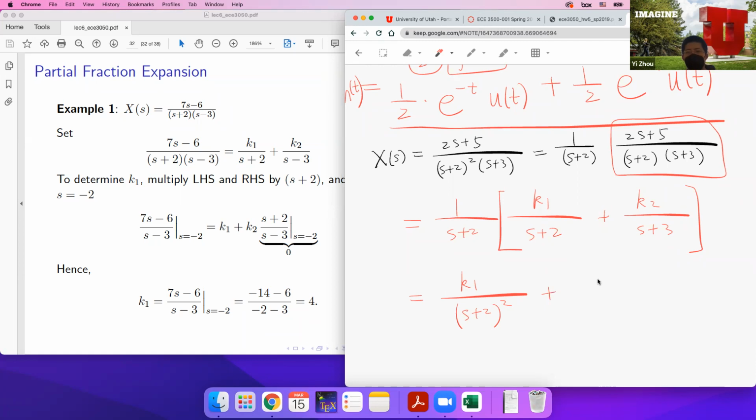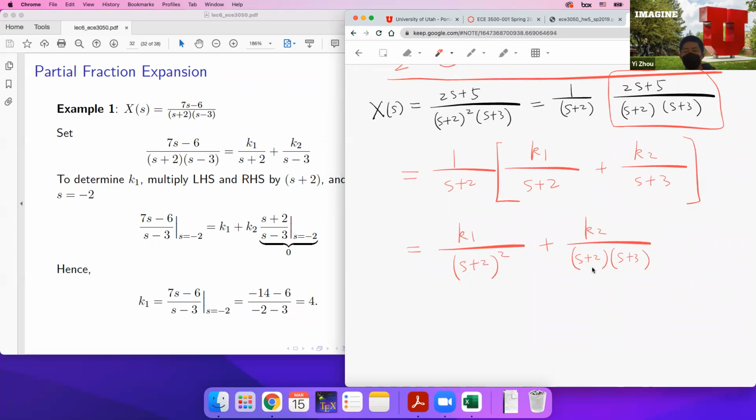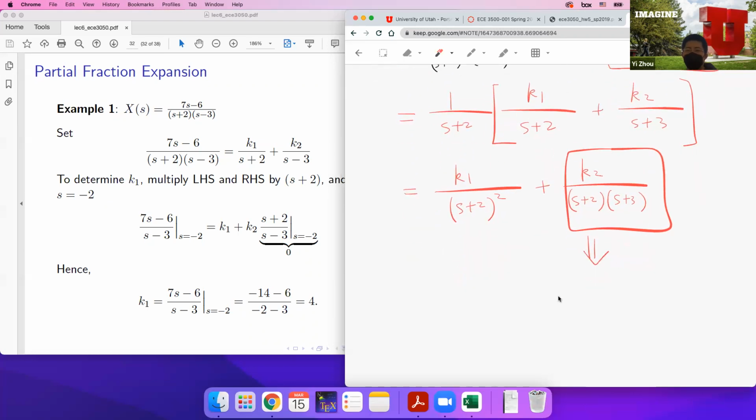And the second one, you have k2 over (s plus 2) times (s plus 3). And this one, you can again follow standard steps to decompose it into these two.